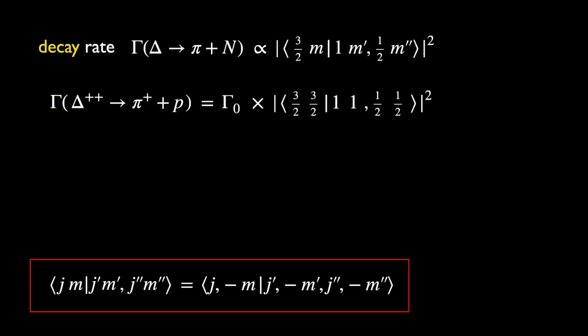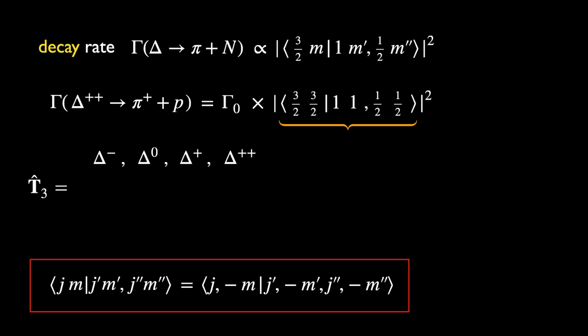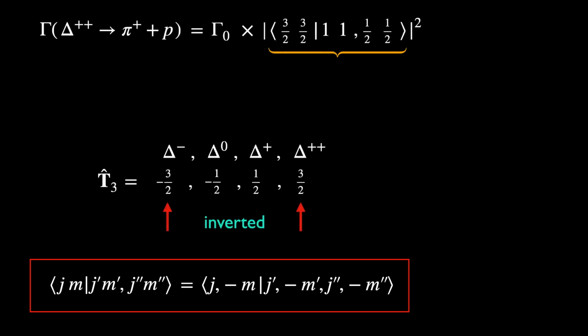Let's apply this to the decay of delta particles. First notice that the particle that is in the inverted position to delta plus plus within the delta multiplet is delta minus. Similarly, pi minus is inverse to pi plus in the pi multiplet, while the neutron is inverse to the proton.